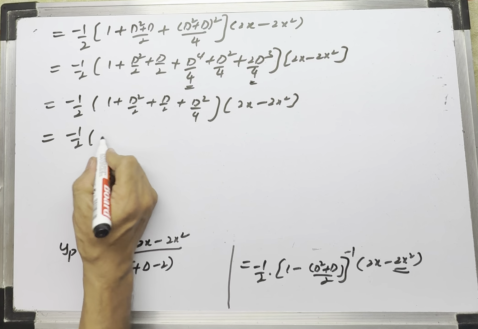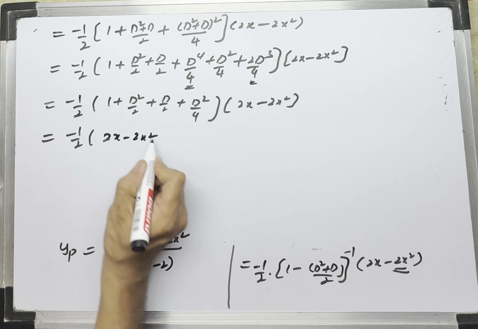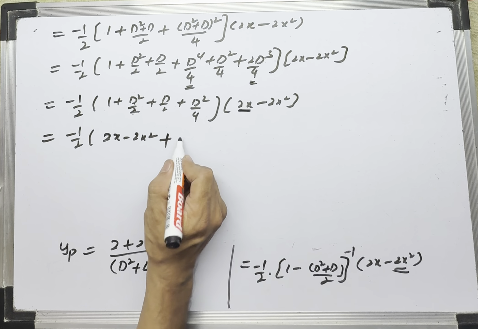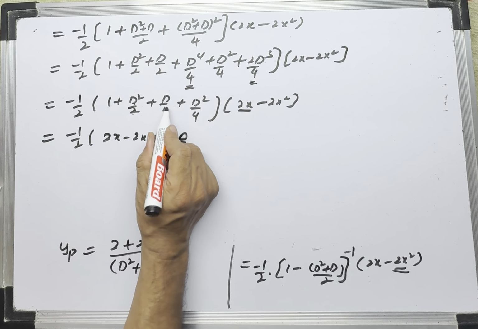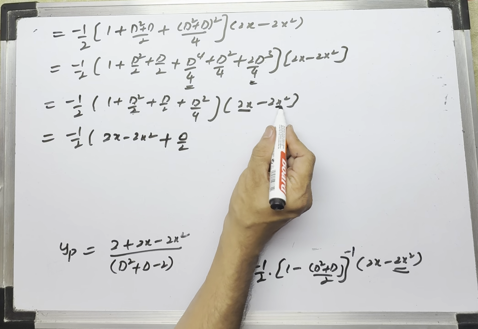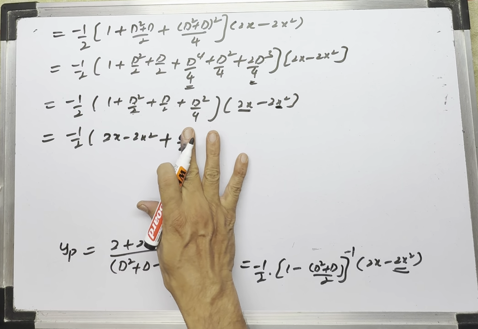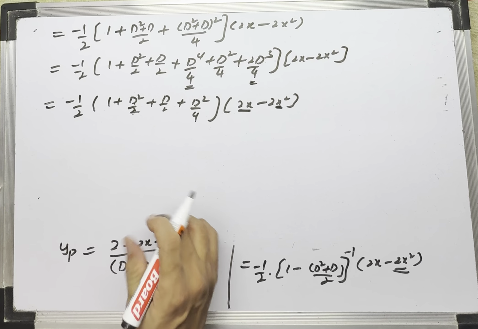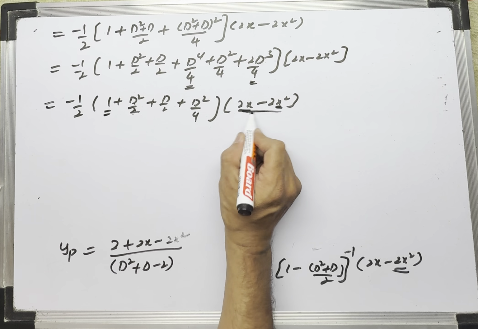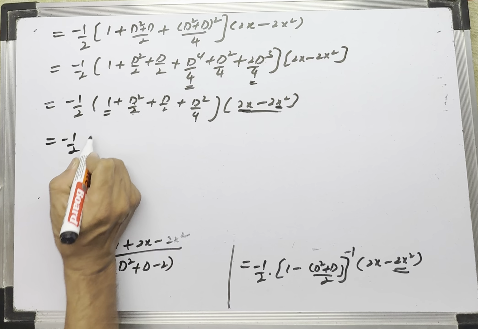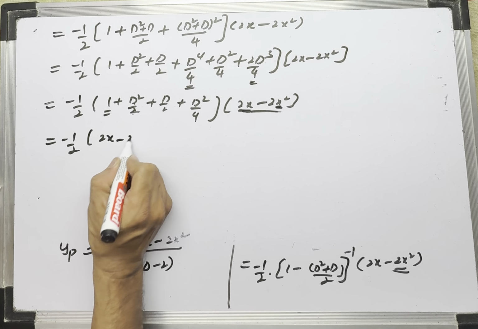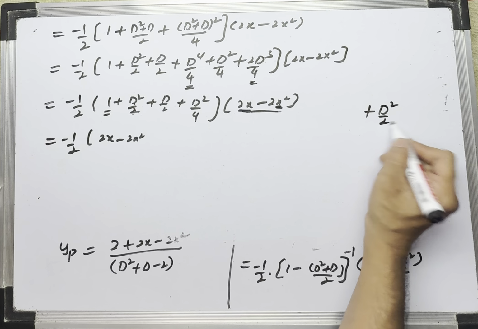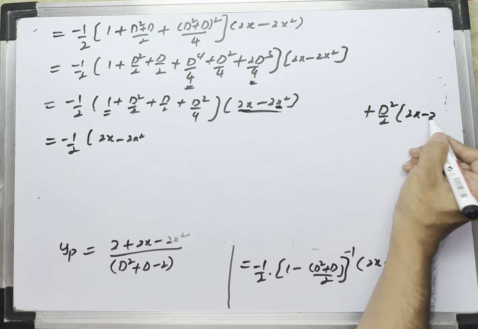1 into 2x minus 2x square, 2x minus 2x square, plus 2 times the derivative for 2x, 0. 2 times the derivative of x square. See how we are getting that. 1 we are multiplying to this 2x minus 2x square. Then plus D square by 2 I am multiplying to 2x minus 2x square.